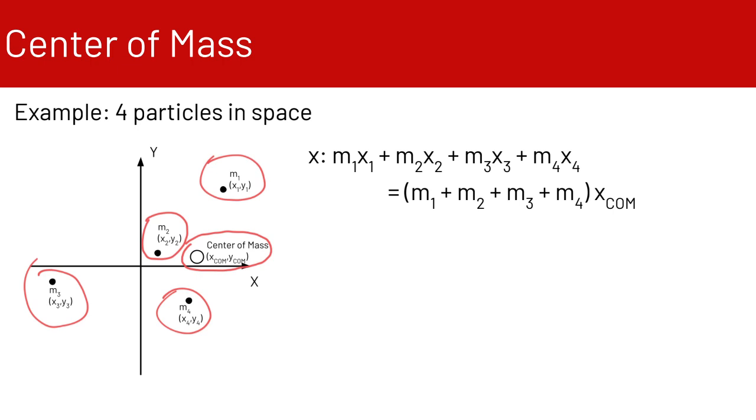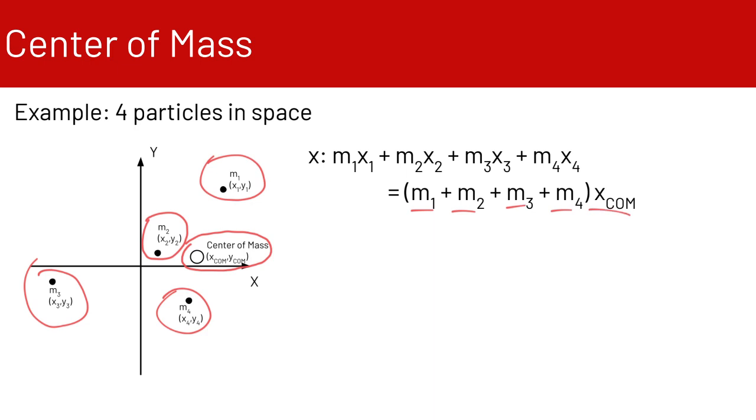Okay, when we look at this mathematically, for X, we have the mass of 1 times the X position of 1 plus the mass of 2 times the X position of 2 plus the mass of 3 times the X position of 3 plus the mass of 4 times the X position of 4 is equal to the mass of 1 plus the mass of 2 plus the mass of 3 plus the mass of 4 times the X center of mass.